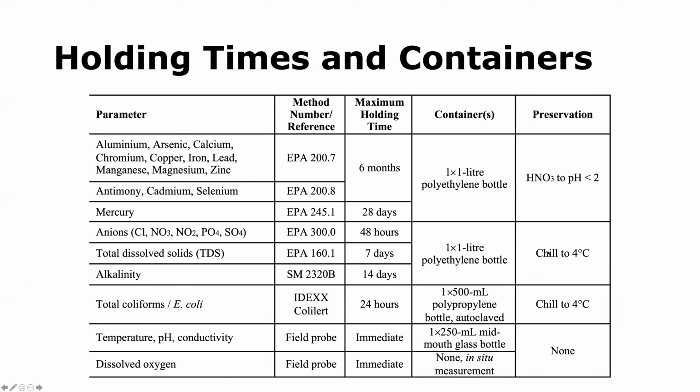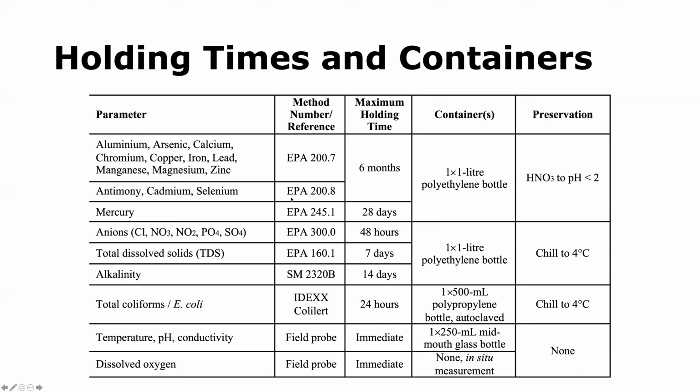In terms of the holding times and what containers we need to collect the samples in, this information is typically included in a table in the quality assurance project plan, but this is an example of what you might have. So you'd have the parameter that's going to be measured. You would want to include some reference to the method number, the standard method that's used.